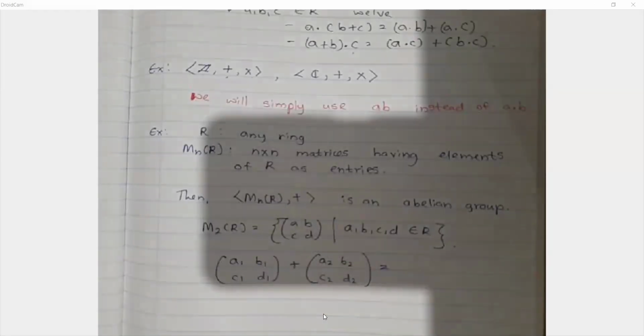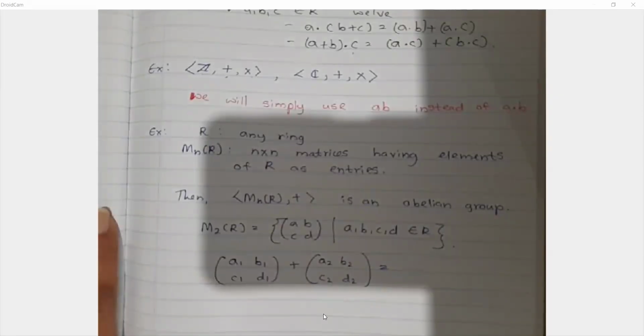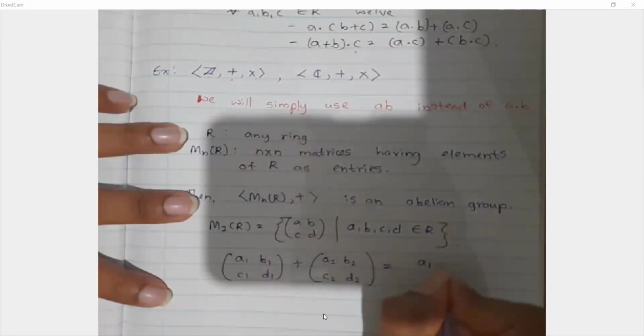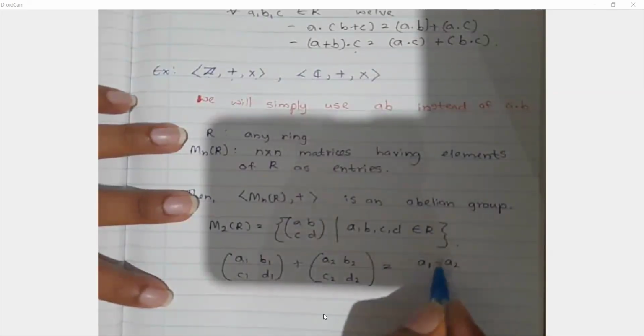When you add these elements, the usual matrix addition, you add corresponding elements, right? So we have as the first entry A1 plus A2. What does this plus refer to?